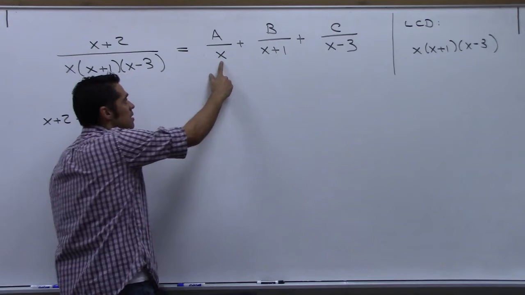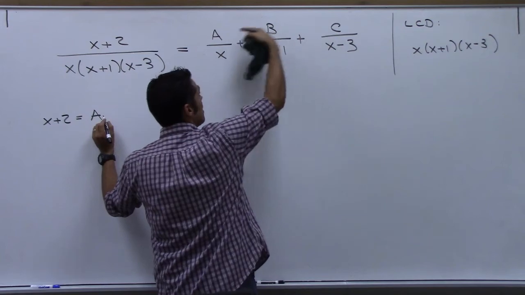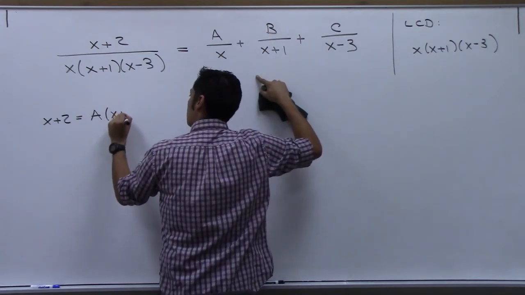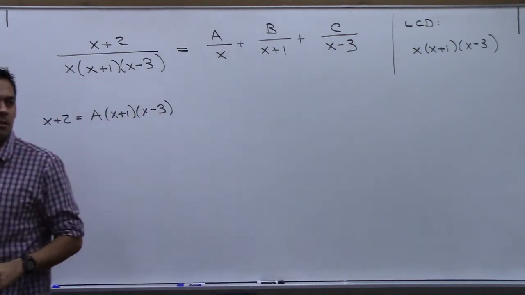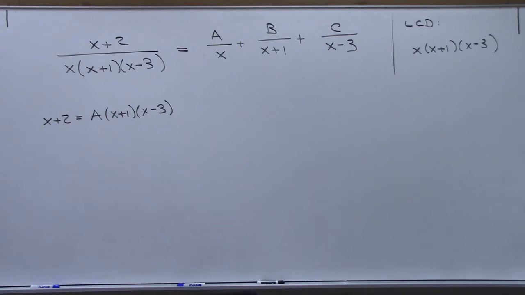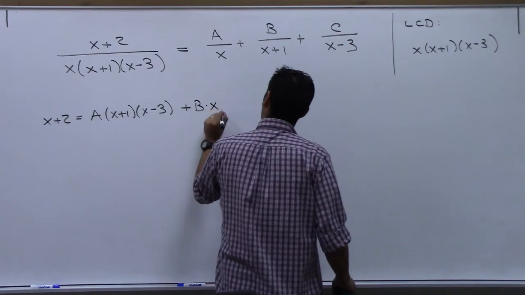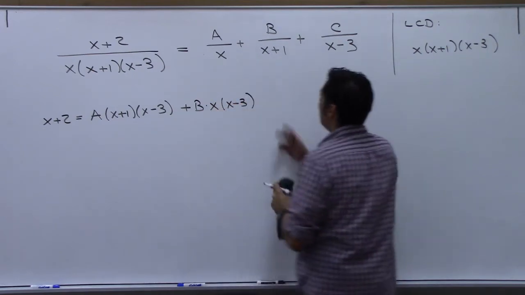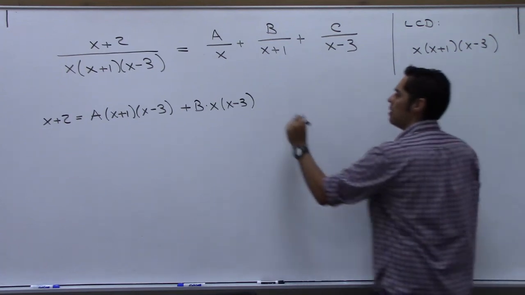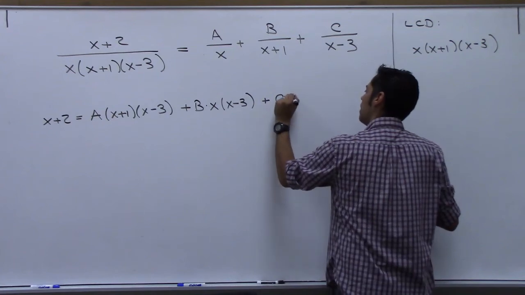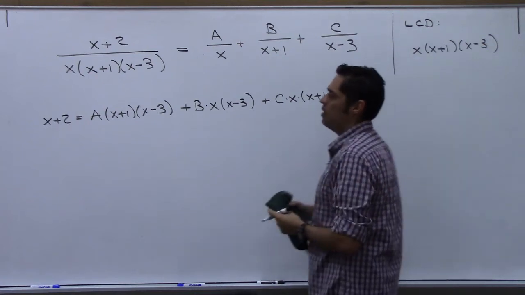So I'm going to have a times x plus 1 times x minus 3. Then plus b times x minus 3. This time, the x plus 1 factor is the only one that goes away. And then finally, plus c times x plus 1. Are we good?